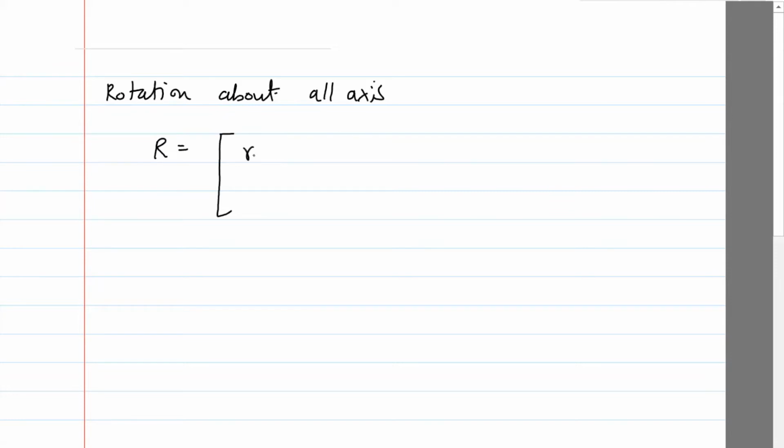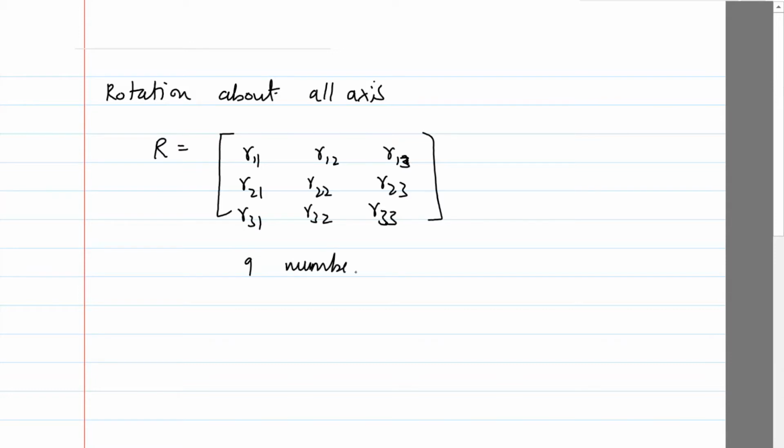It will be more generically written as R, with entries R11, R12, R13, R21, R22, R23, R31, R32, R33. So this matrix is not sparse; by that I mean there are no zeros, and there's no reason to believe there'll be zeros. We see that this matrix has 9 numbers, the 9 elements of a 3 by 3 matrix.